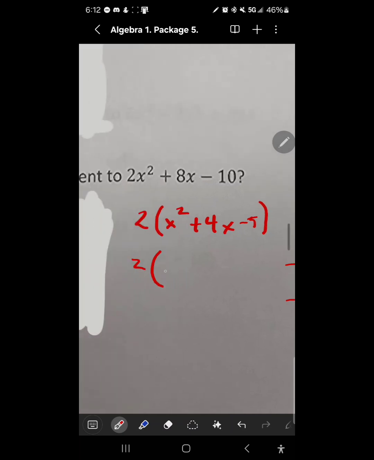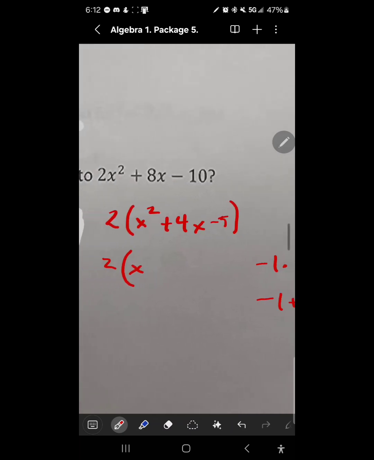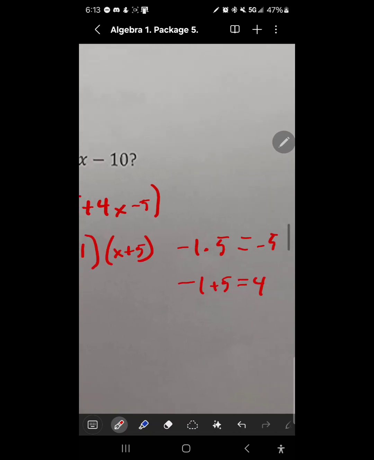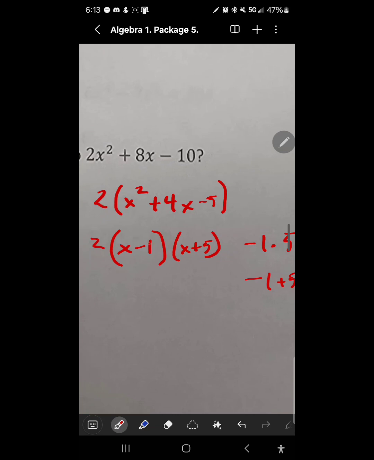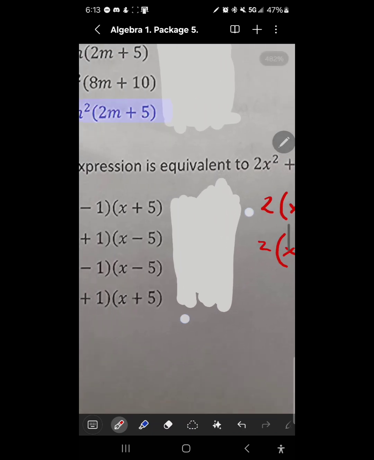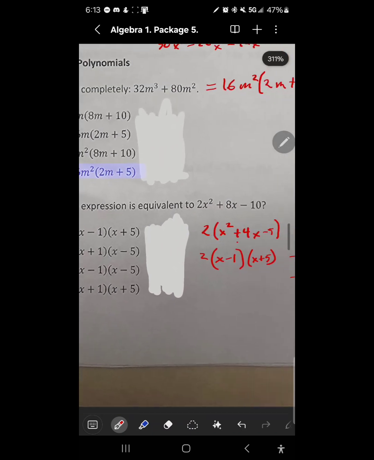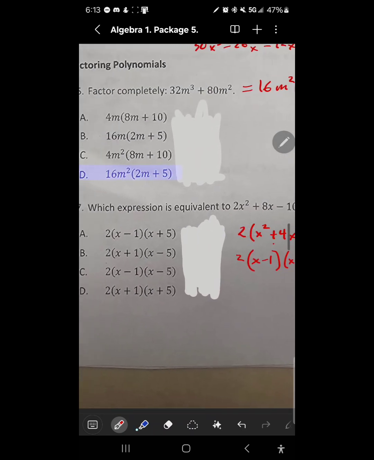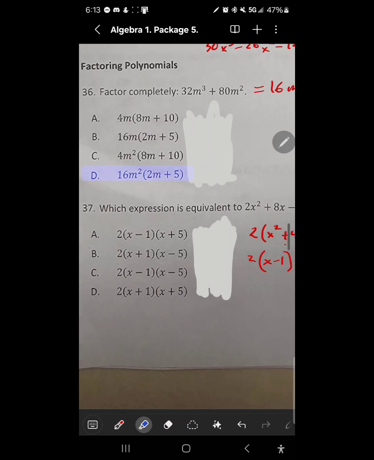So I can say this is 2 times x minus 1 times x plus 5. Because -1 times 5 is -5, and -1 plus 5 is +4. So this is our answer, and this is option A.